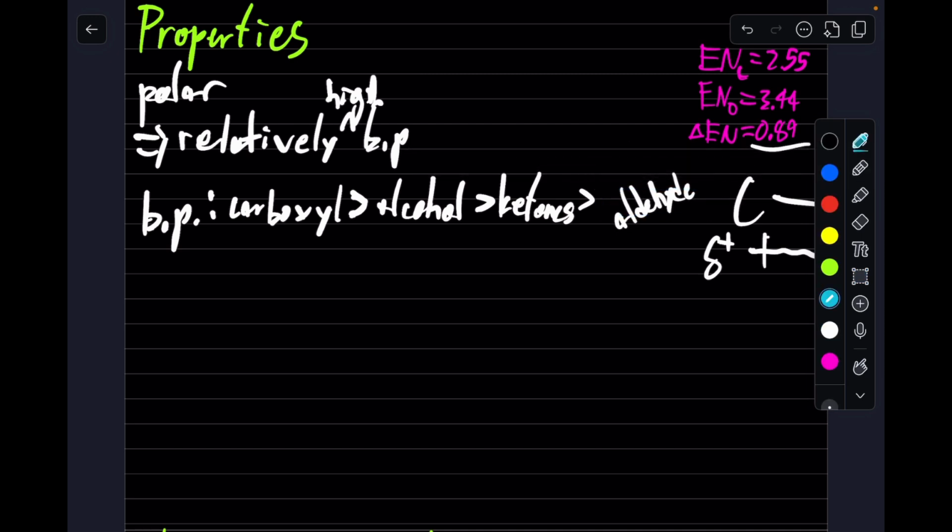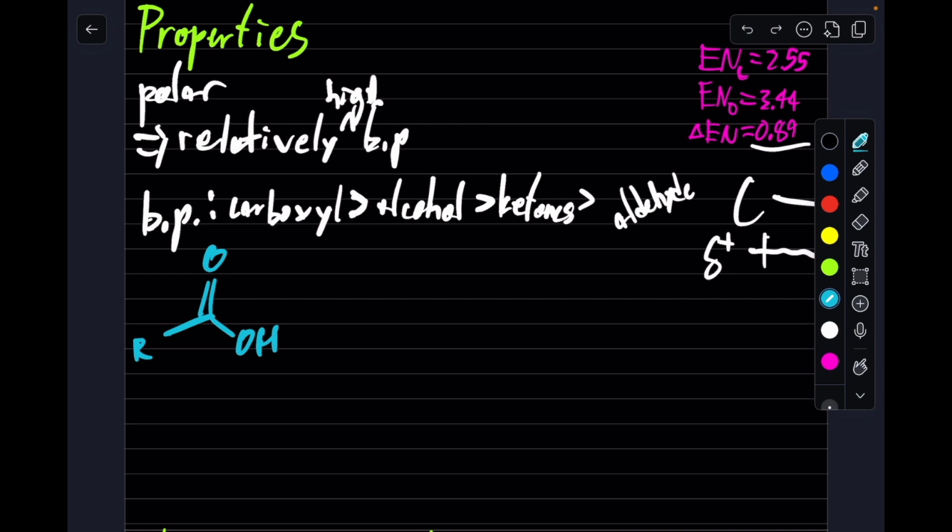So, taking a look at this, carboxyl groups have the highest boiling point because, firstly, they have a pretty heavy functional group, right? They have two oxygens and a hydrogen, which makes up quite a bit of weight. And you have a lot of polar bonds.